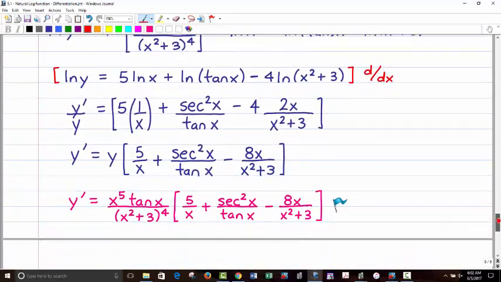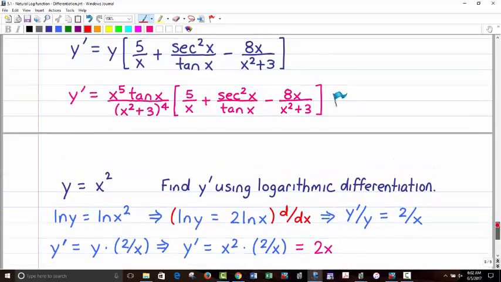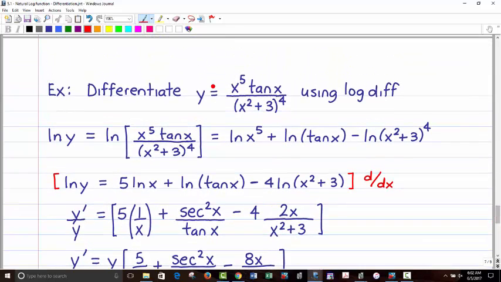So this is not logarithmic differentiation. This is just revisiting that simplification problem. You see, logarithmic differentiation basically will not start out with a log right here. That's the key. Like you saw in this one, you didn't start out with a log.